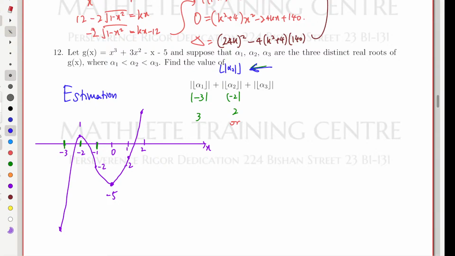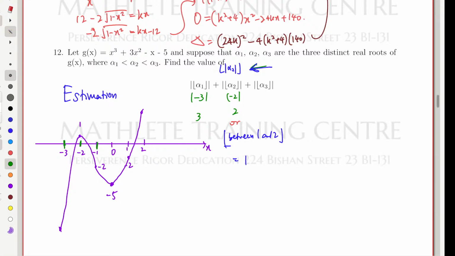So then the one you should do is actually take the absolute value first to get something that is 1 point something, so it's between 1 and 2, and then you take the floor function of it, that's going to be equal to 1. So it does have different values.